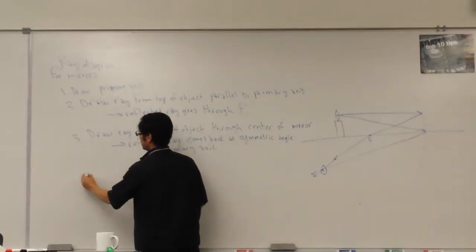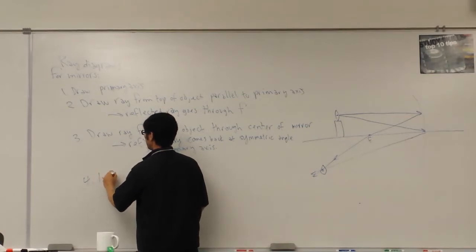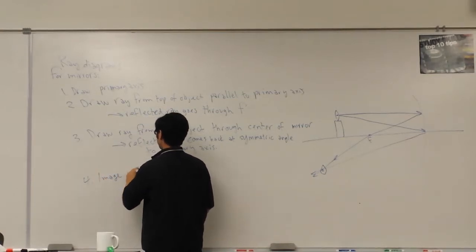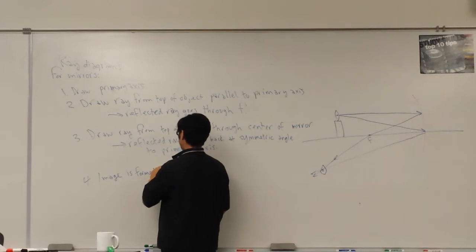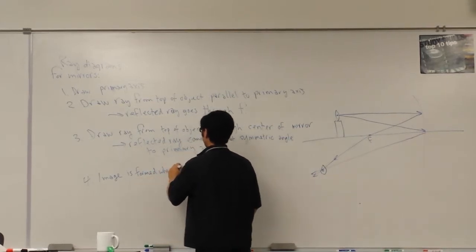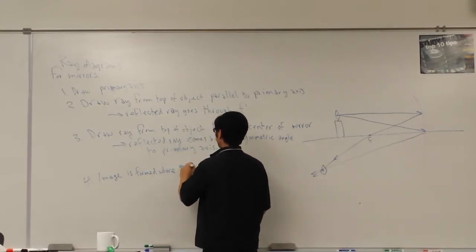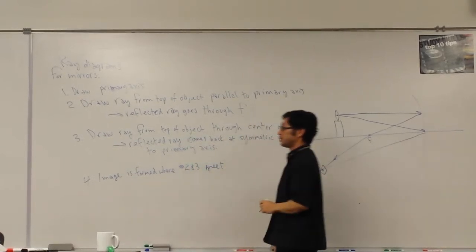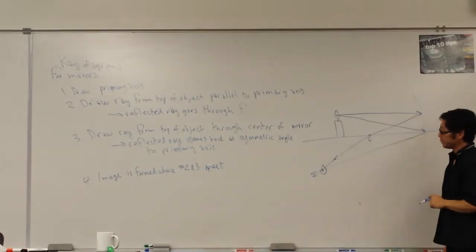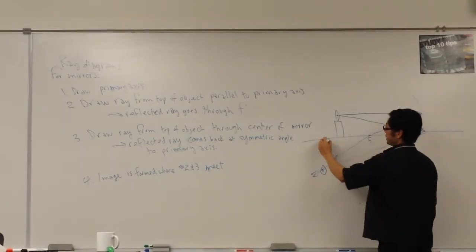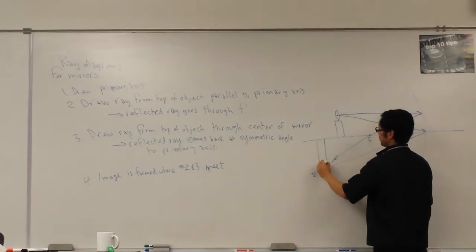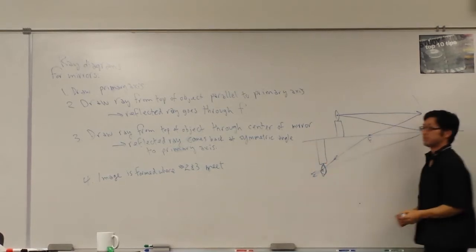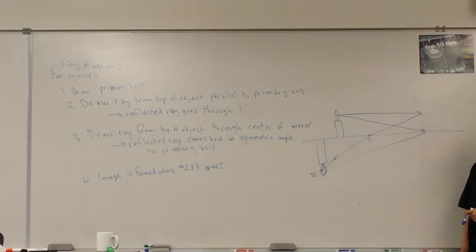So, the image is formed where number 2 and 3 meet. So there you have this candle, and it's upside down, right? That's where the image is.